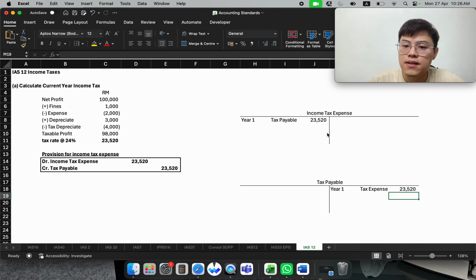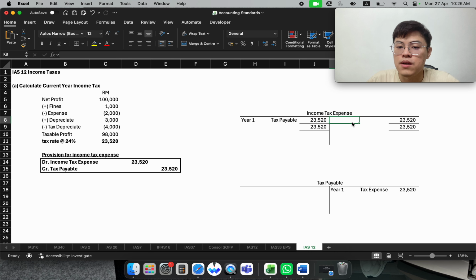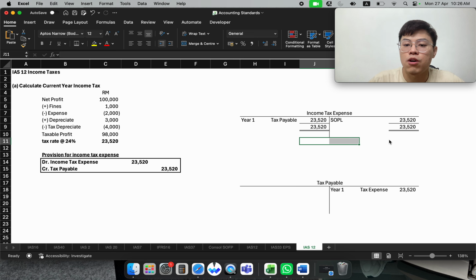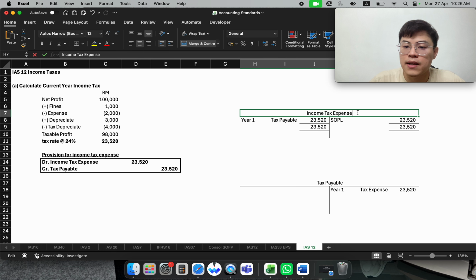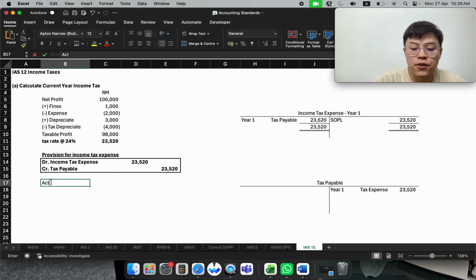For instance, now we are trying to close our account. This is going to transfer to your SOPL. You will close the account because the tax expense you are going to report in SOPL. Then this particular year's account is officially closed, and this is income tax for year 1. For tax payable, your credit liability here, you are awaiting your actual tax paid.